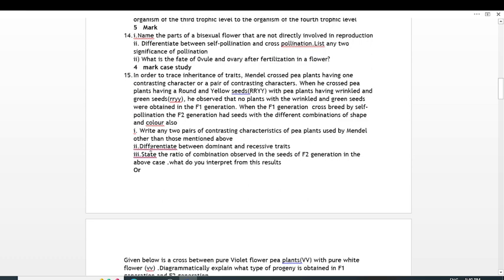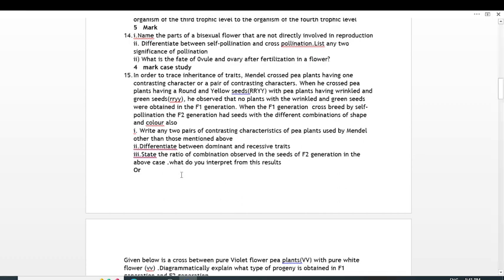So what is the question? Write any 2 pairs of contrasting characters of pea plants studied by Mendel other than those mentioned above. So what are the others? Yes, tall and pink flowers. So both are dominant. Tall and pink is crossed with short and, what is that, white flowers.